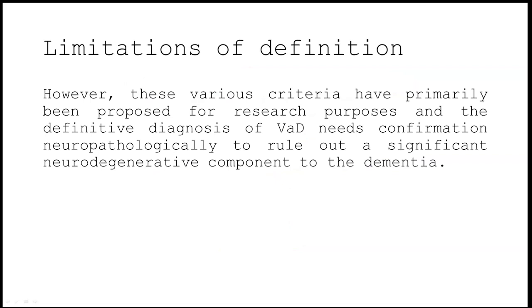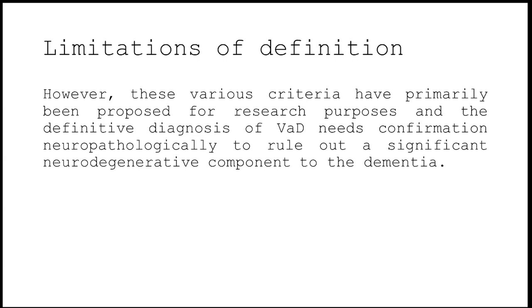So it is important to appreciate the limitation of these definitions, these labels, because of the overlap of various types of dementias. And we know that mixed type dementia, which includes features of vascular as well as Alzheimer's disease, is quite common.